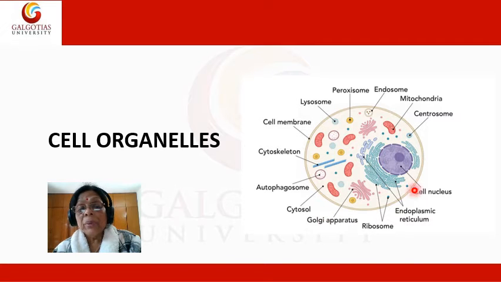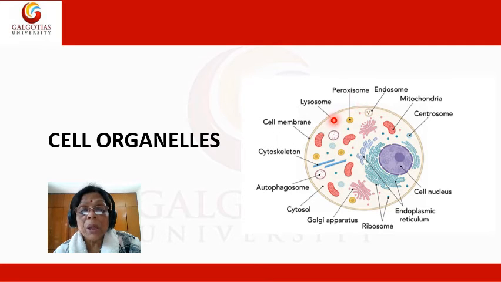This is a eukaryotic cell, and these are the cell organelles. Cell organelles are so called because they function like different organs. They are all bounded by separate membranes and have separate functions.